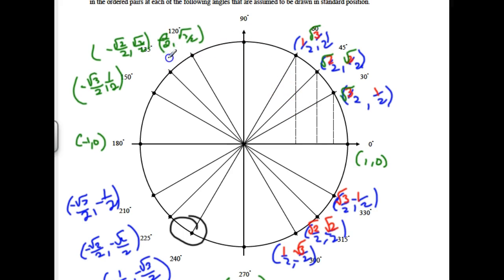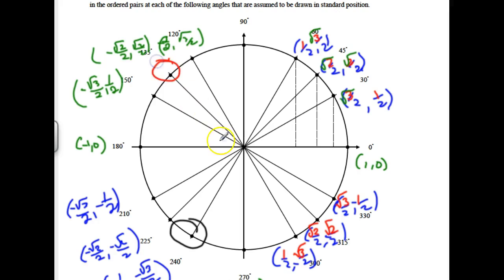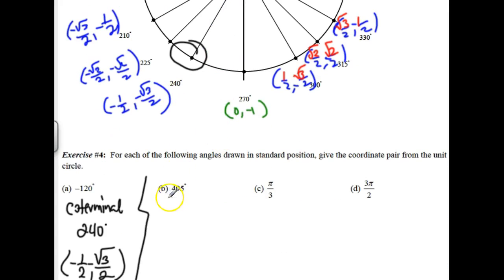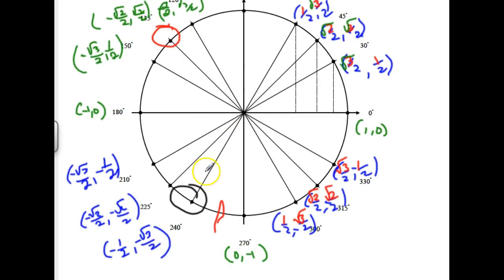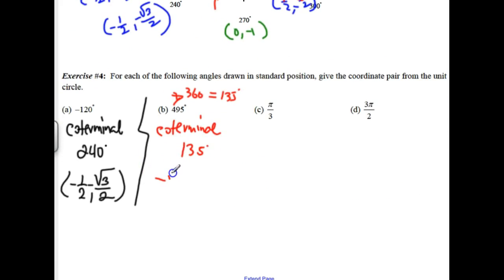So for this, all you've got to do is think about 495, take away 360, which is actually 135. So your coterminal is 135, and at 135 it is negative radical 2 over 2, comma radical 2 over 2.